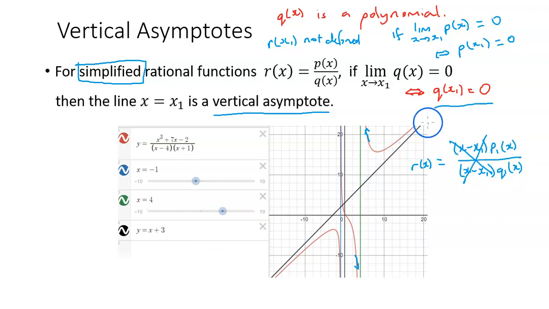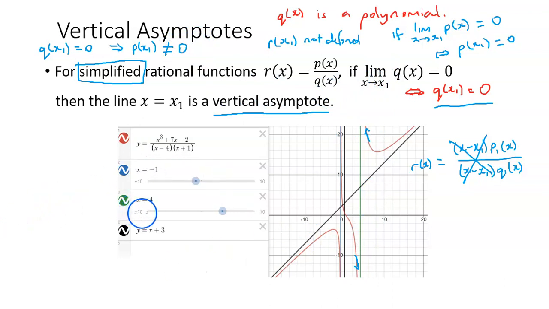Therefore, if q of x1 equals 0, we're guaranteed for simplified rational functions that p of x1 does not equal 0. So that means we're guaranteed to have this vertical asymptote shape.